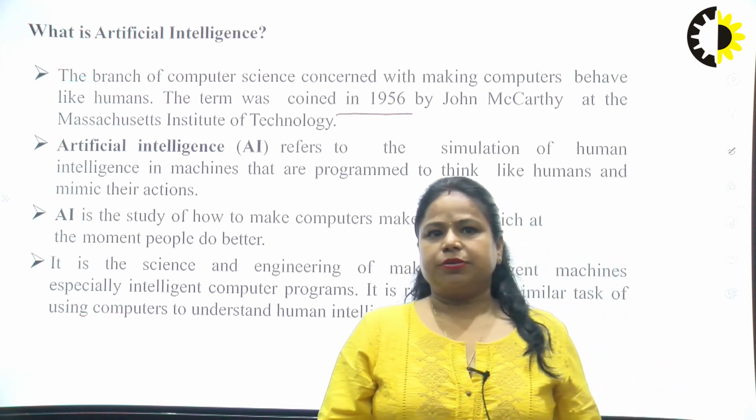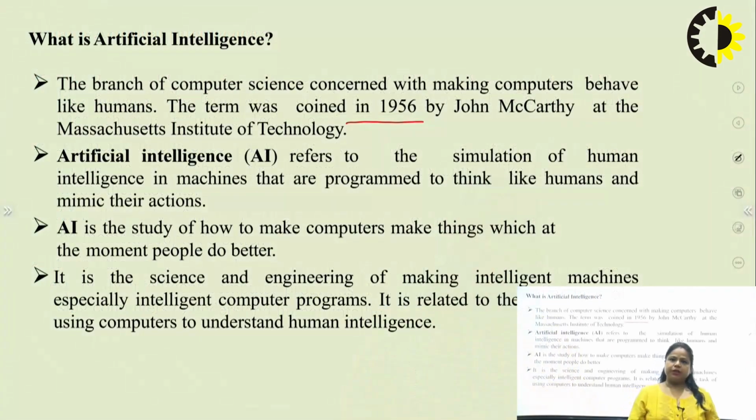Whenever I'm talking about this term, what we are doing in the case of AI, we are creating computers. In this case, we are comparing both terms, like how the human being behaves and how the computer will work. We are doing the programming in that manner into the system or the machine so that it can act like a human being, right?